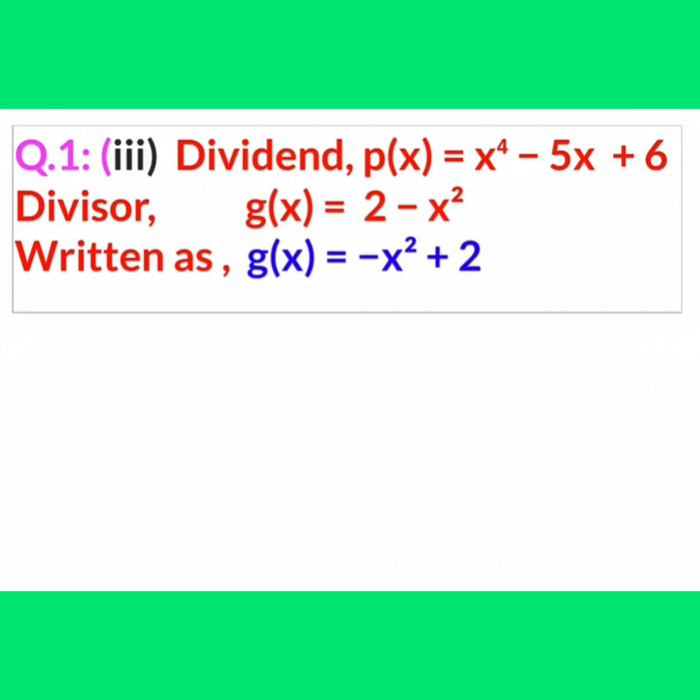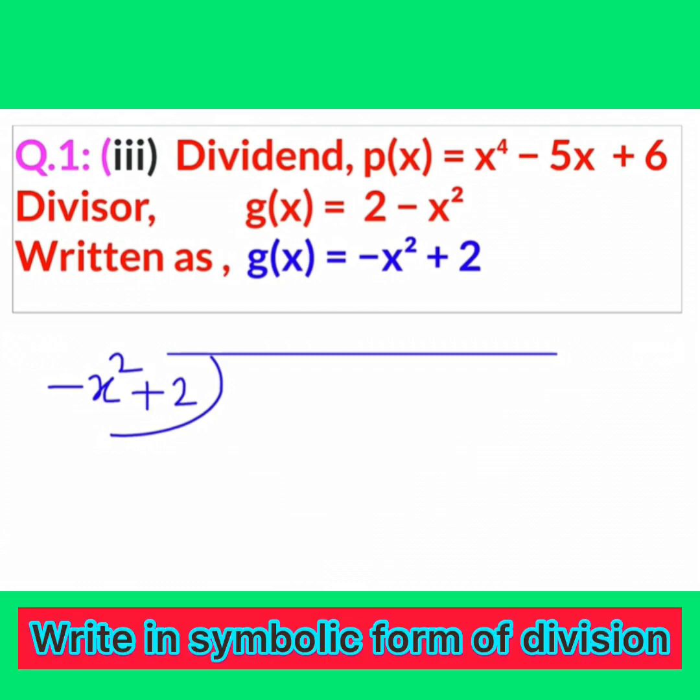So first of all you will write this into the symbol of division, that is minus x square plus 2 and x raised to the power of 4 minus 5x and plus 6.